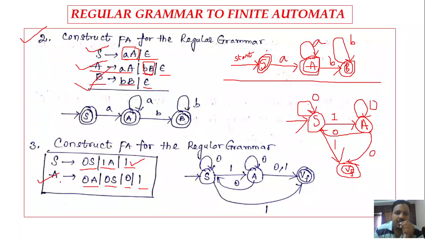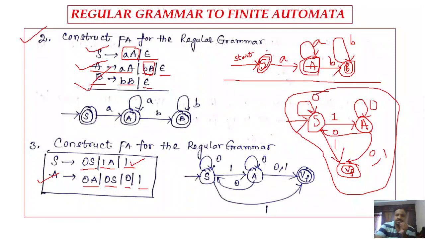So again, you may have a transition from A on 1 towards the final state. So A on 0, 1 goes to the final state. Otherwise, you could have 5 states, but here we are able to end up with 3 states. So this is how we can construct the finite automata from the given regular grammar.